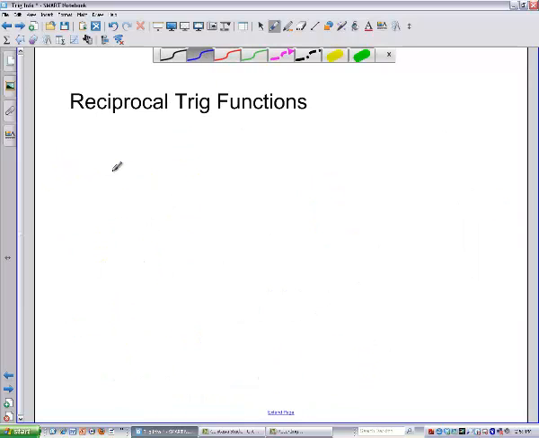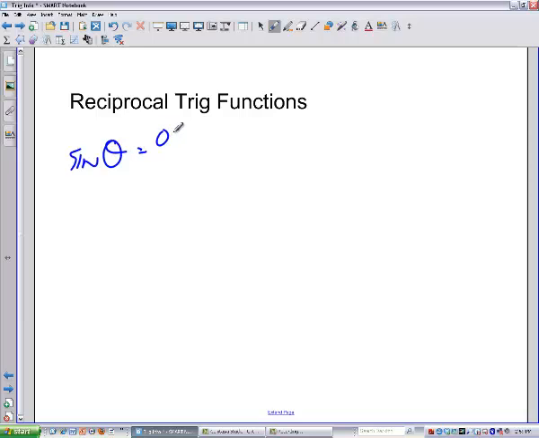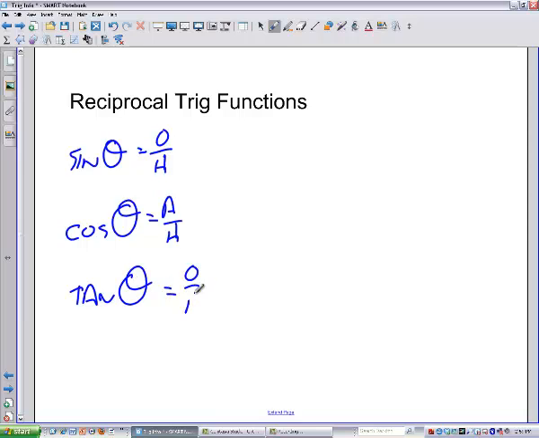Now, you hopefully are also familiar with the reciprocal trig functions. We know that the sine of theta is the opposite over the hypotenuse, the cosine of theta is the adjacent over the hypotenuse, and the tangent of theta is the opposite over the adjacent. You might not be familiar with these other ones. The cosecant of theta is the ratio of the hypotenuse to the opposite.